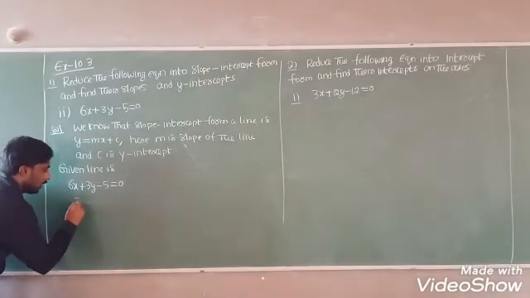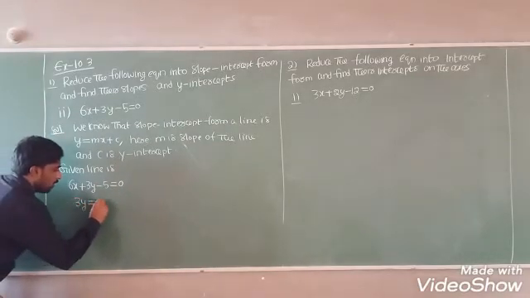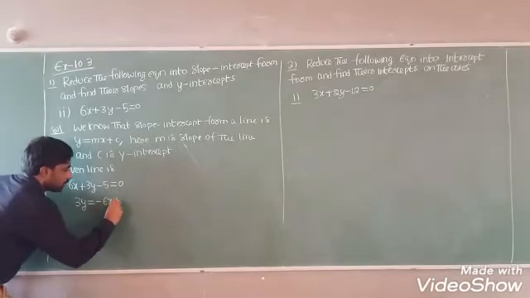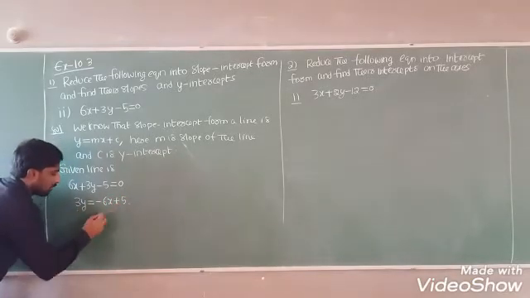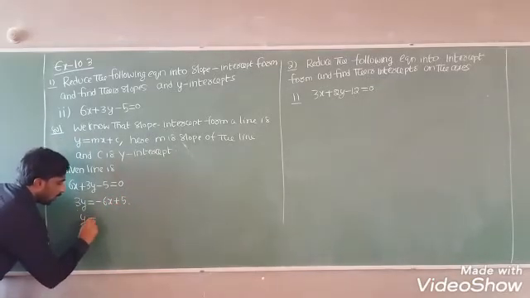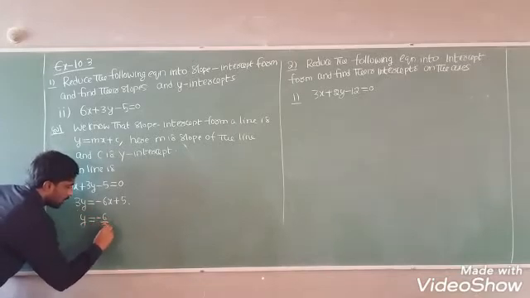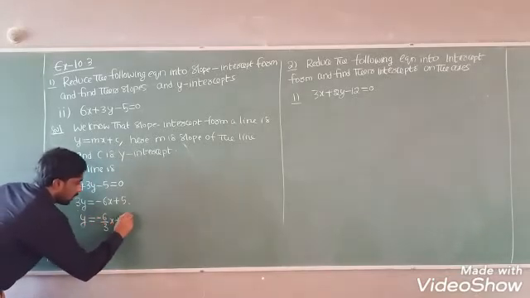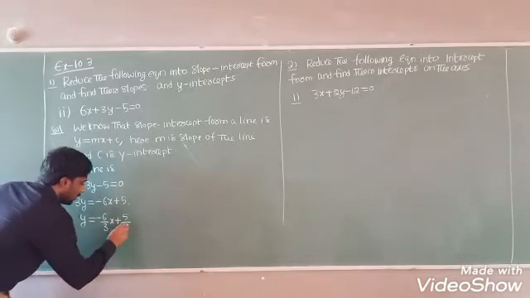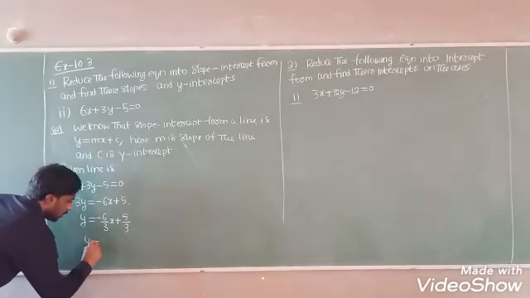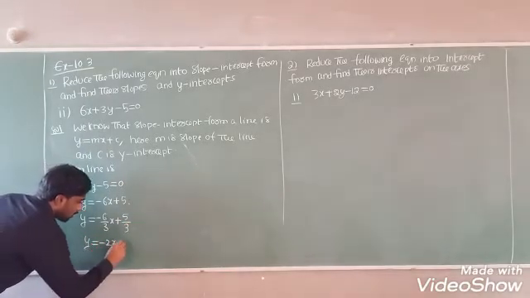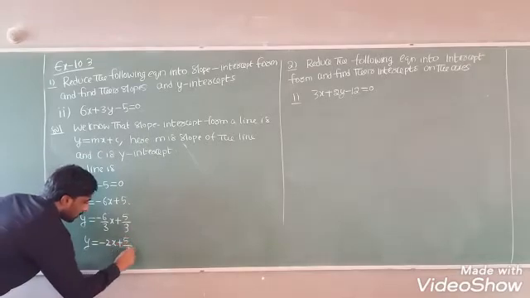So what I will get here? 3y equal to minus 6x plus 5. Okay, if 3 comes this side, what I will get? y equal to minus 6 by 3 into x plus 5 by 3. So this one is y equal to minus 2x plus 5 by 3.